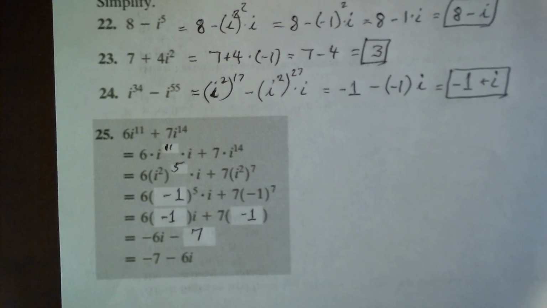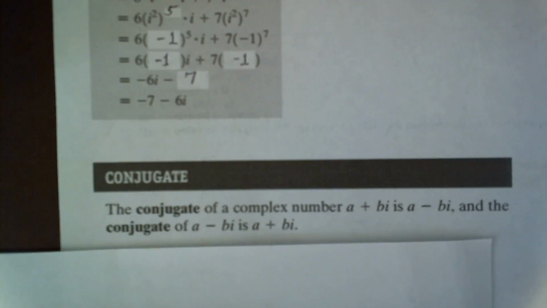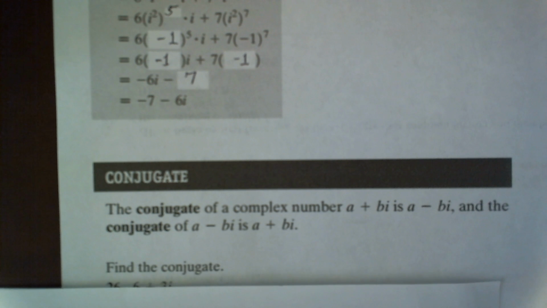Next we're going to talk about conjugates again. We've talked about conjugates before for rationalizing denominators, but in the context of complex numbers. The conjugate of a complex number a plus bi is a minus bi. And the conjugate of a minus bi is a plus bi. So the conjugate of 6 plus 3i is 6 minus 3i. That is the conjugate.